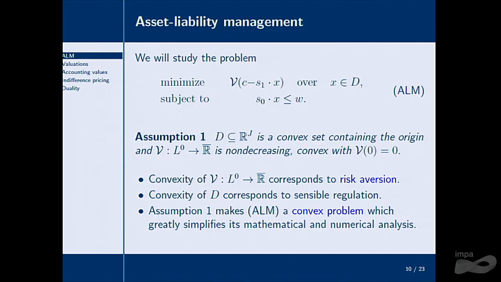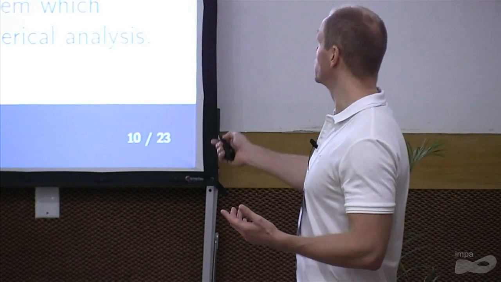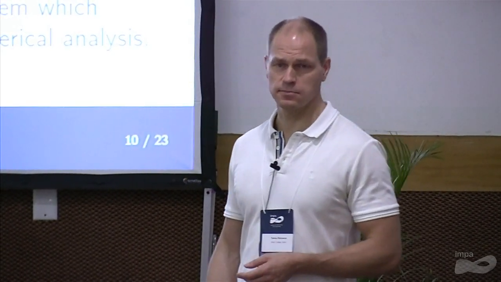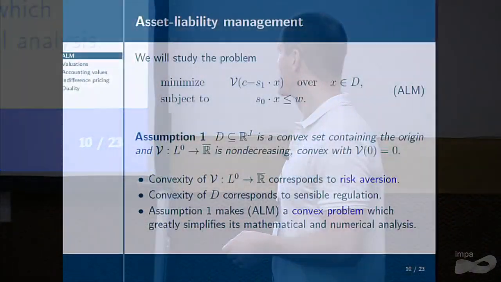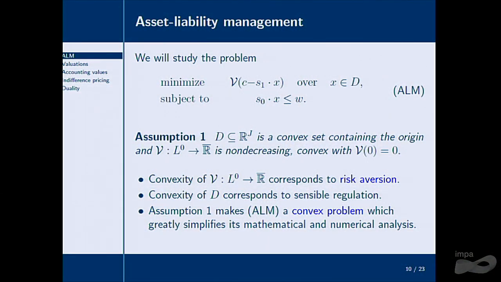If the set D is not convex, this becomes, in general, an NP-hard problem. Sensible regulation would not pose that. If you look at any regulatory standards, they usually do indeed have convex constraints. It just makes sense. If V wasn't convex, this would be a very, very difficult problem to handle. And all the simple mathematics that I cover here is based on this assumption. It makes this a convex problem, and everything just falls into place.